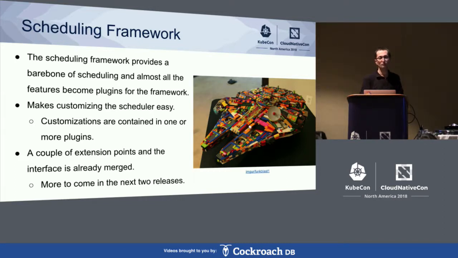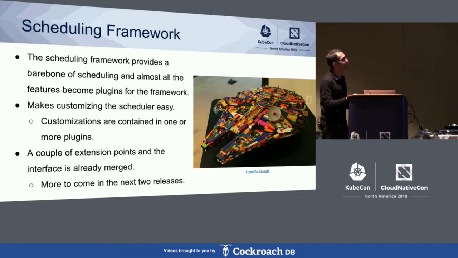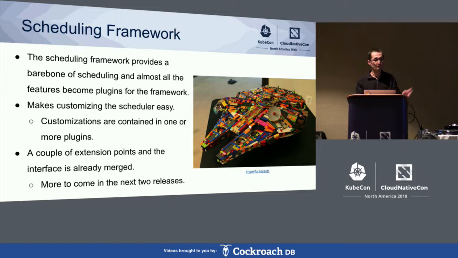There is then the best framework ever, the scheduling framework. So on top of being the best framework ever in the history of mankind, the scheduling framework provides a certain number of features.